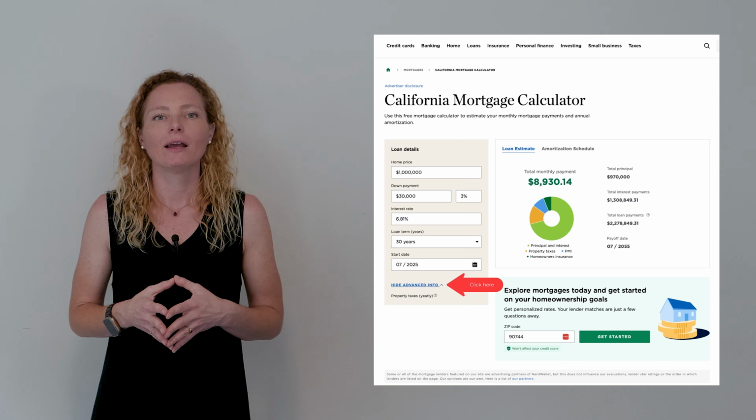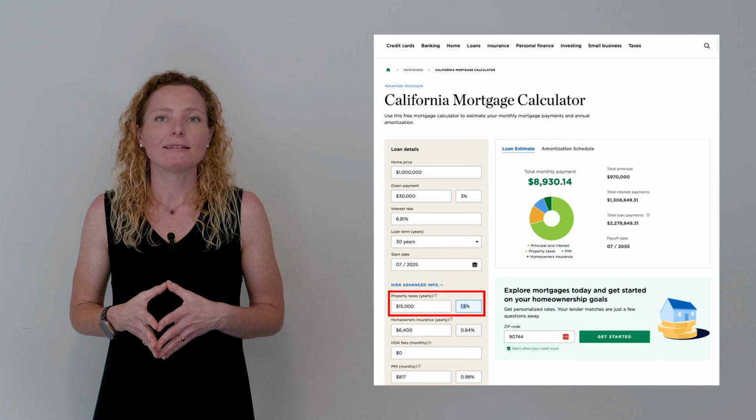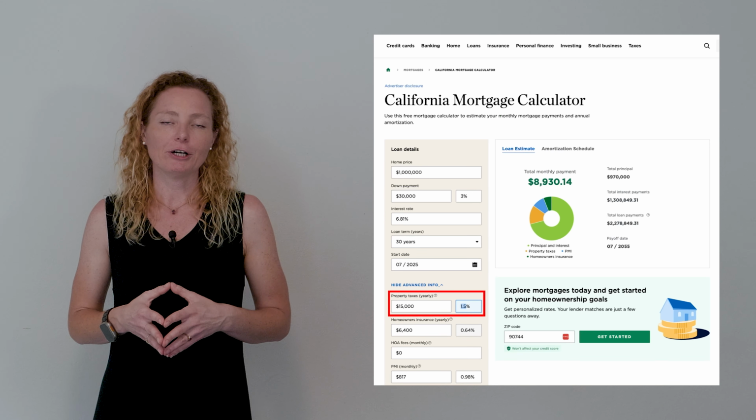Let's keep going. Property tax. You have to pay property taxes on your home every year. Different counties have different tax rates, but if you're in LA County like me, your tax rate is going to be 1.24% as of the year 2025. Homeowners insurance. If you have a loan on your property, then your lender is going to require you to have insurance on your house.